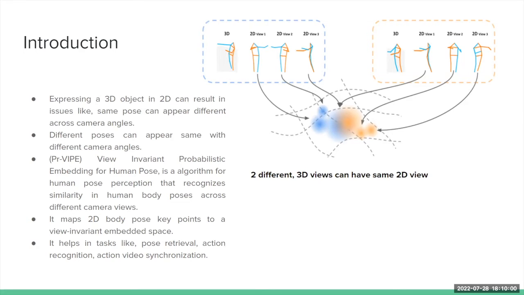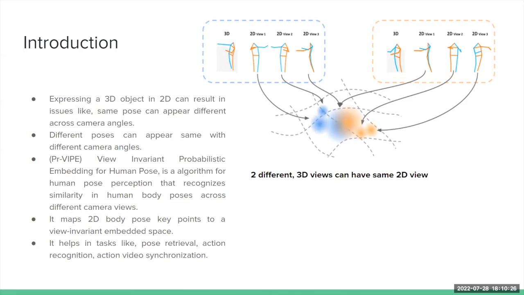To accomplish this, the authors defined the matching probability, that is, the likelihood that different 2D poses were projected from the same or similar 3D poses. The matching probability predicted by Pr-VIPE for matching pose pairs should be higher than for non-matching pairs.